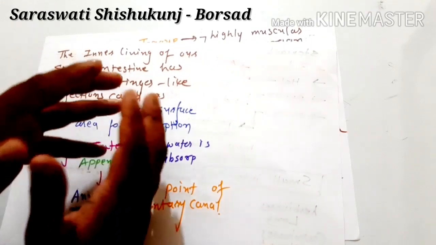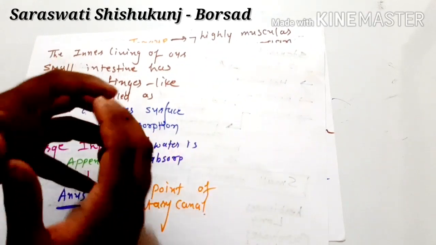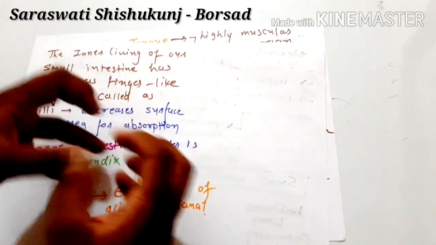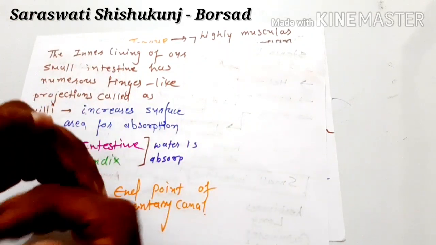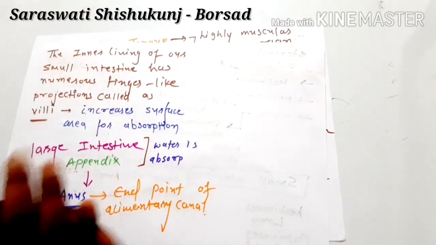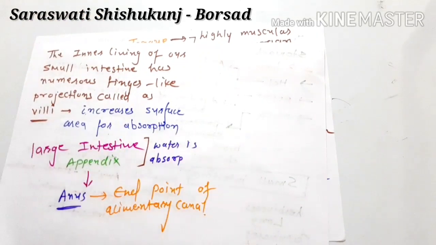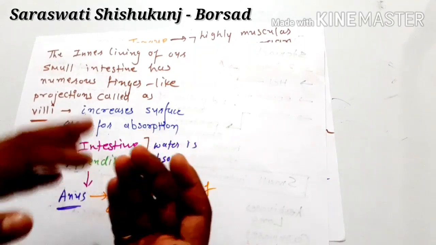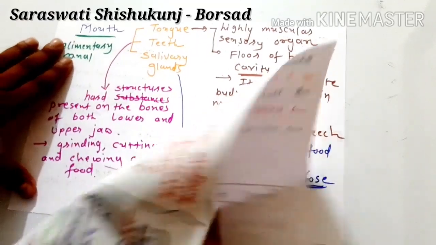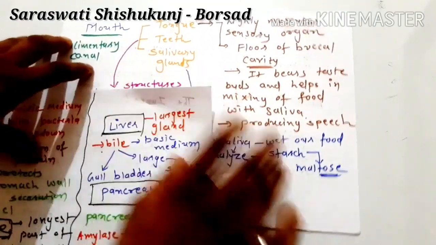In the large intestine, if more water is present in the food, it is reabsorbed, and now the anhydrous waste is sent to the anus, which is the end point of our alimentary canal, and by the anus food is thrown out from our body.